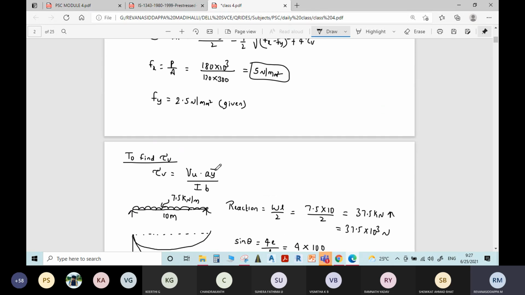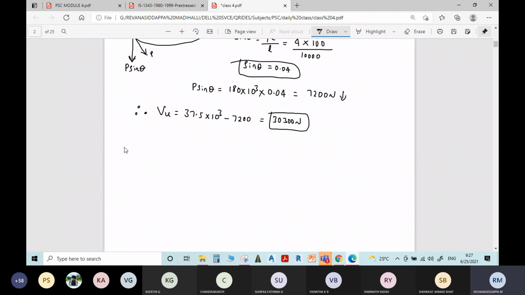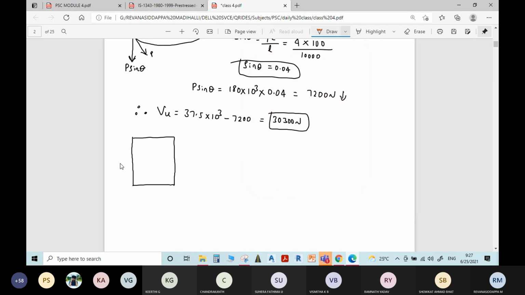Next we need to calculate A y bar. To calculate A y bar, write the figure. Here we have the neutral axis.